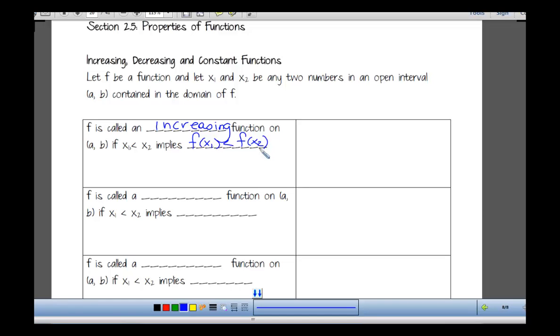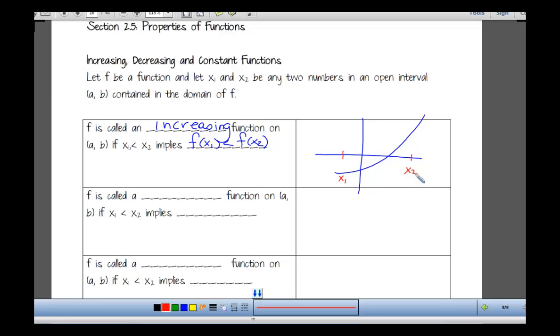I mean, you already have an idea of what increasing and decreasing might look like, but if we have a function, and let's say it does something like this, and we've got x1 over here and x2 over here. So clearly x1 is less than x2.